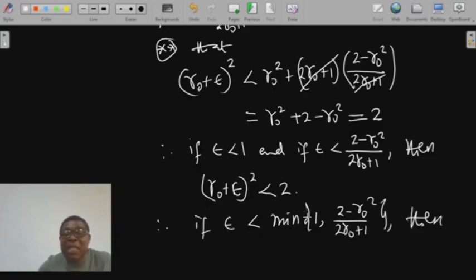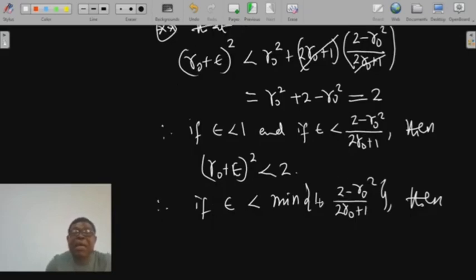The minimum of the two is the smaller of the two. So if epsilon is less than the smaller of the two, then definitely it's also less than whichever one is bigger. This means that epsilon is less than both of them, which can be captured by what I've just written here.